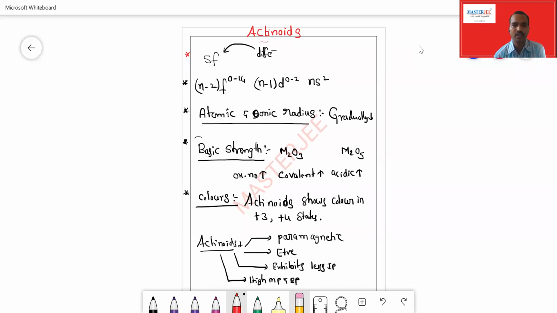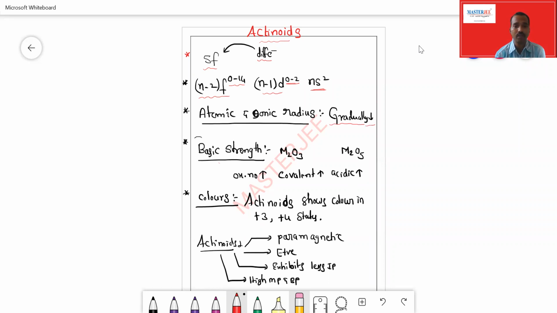Actinides: the differentiating electron enters the 5f orbital. That's why these are called 5f series elements. Their general electronic configuration is (n-2)f 0 to 14, (n-1)d 0 to 2, and ns2. Next, atomic and ionic radius gradually decreases due to actinoid contraction.